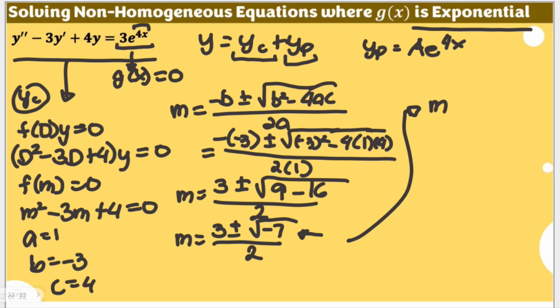You can continue writing it here. m is equal to 3 plus minus square root of 7 times square root of negative 1, all over 2. That's actually 3 plus minus square root of 7 i over 2.